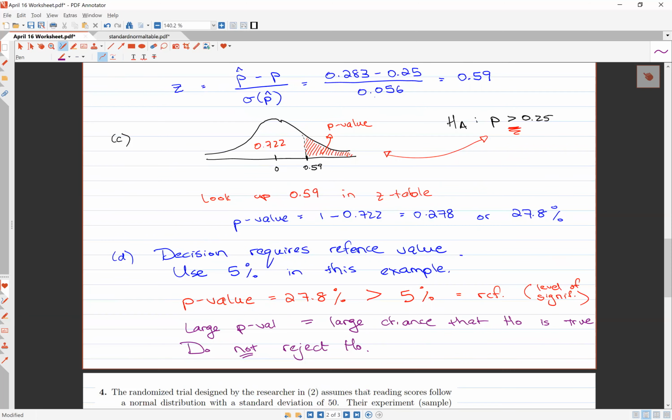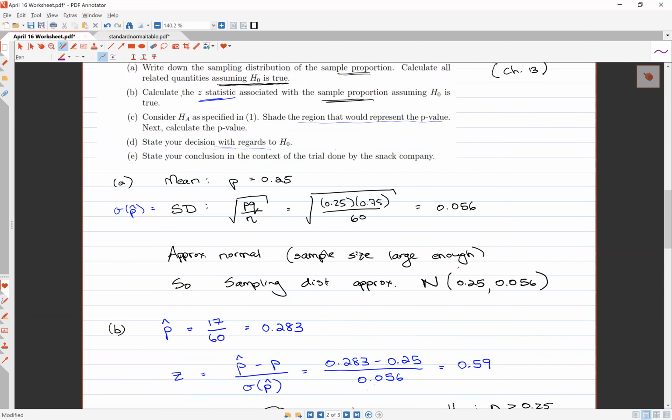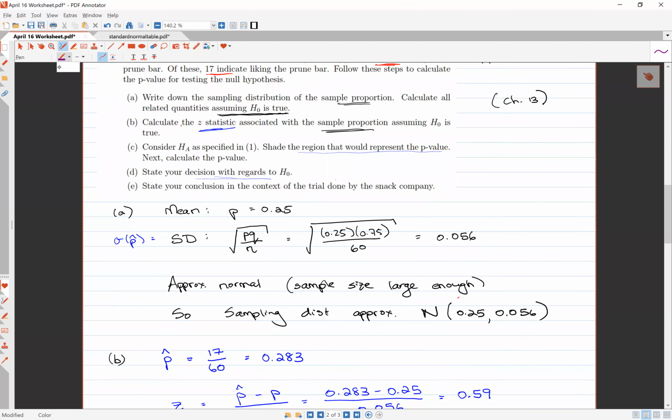So what does it mean if we do not reject the null hypothesis? That's almost the trickiest part here, stating your conclusion in the original context of the problem. At the end of the day, we were not able to reject the null hypothesis. You can say in the back of your head, but not write down, that you're accepting the null hypothesis, which means the most likely outcome is that it's still 25% of customers who like this new prune bar.